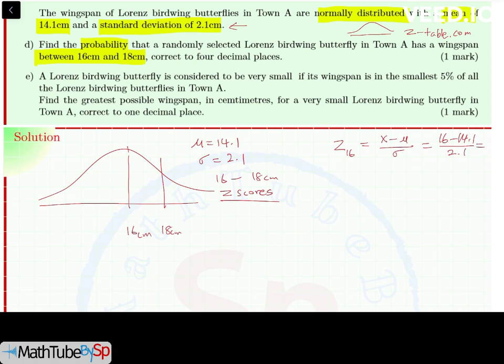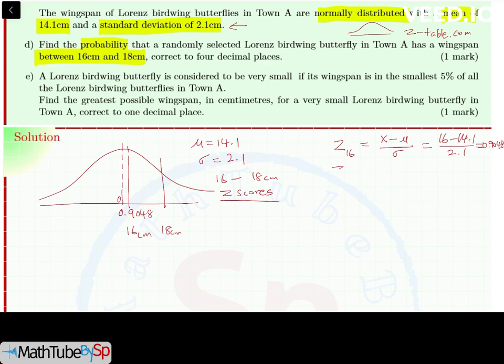From the calculator, my Z score works out to 0.9048. The mean is 0 here on the standard normal curve, correct? So 0.9048 is on the right hand side.